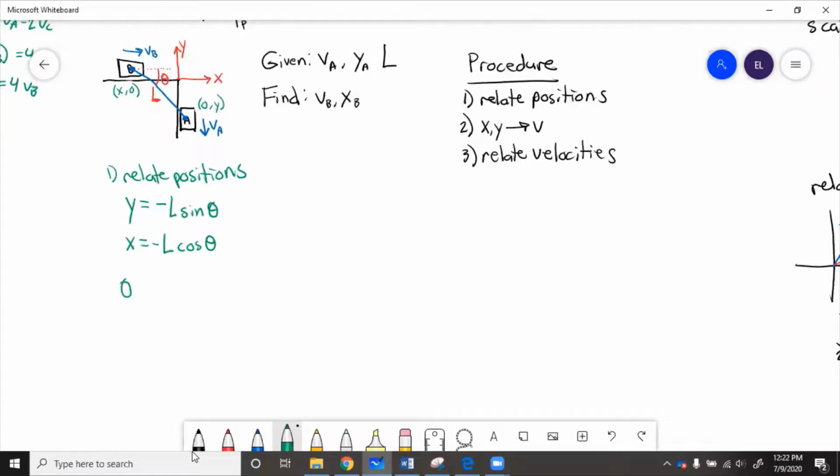Well, theta, tangent of theta equals y over x. Absolute value of these, because we know theta is positive. So using these, we can figure out position. So theta equals tan inverse of y over x is another way to look at it.